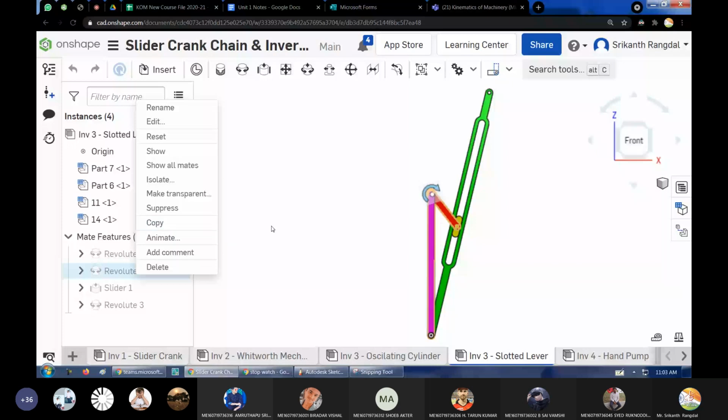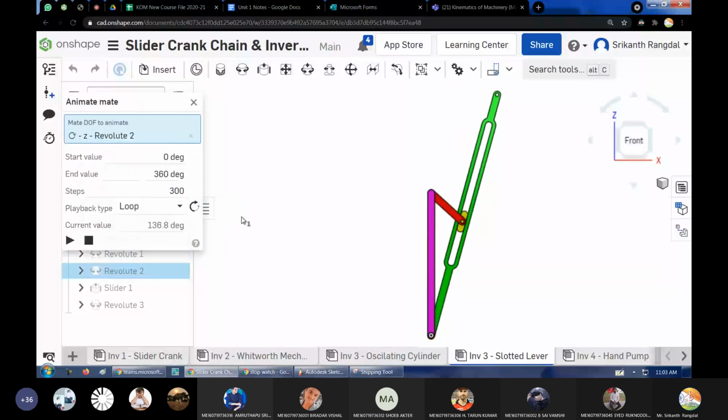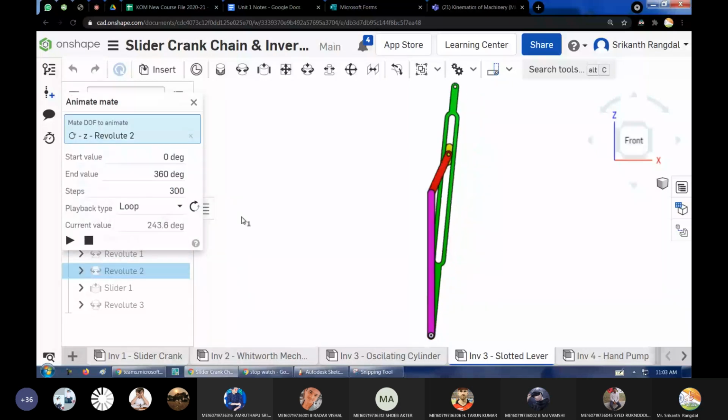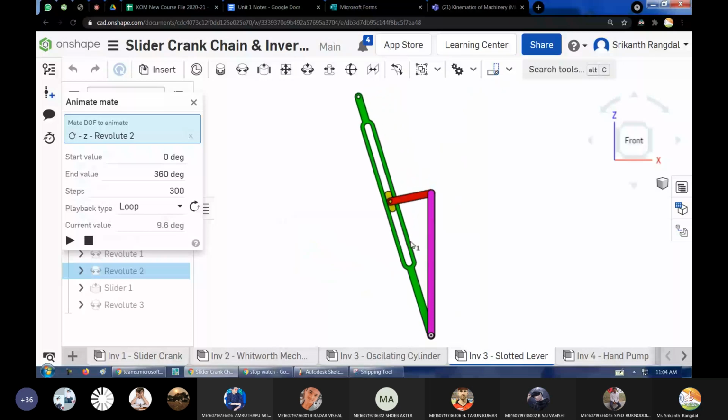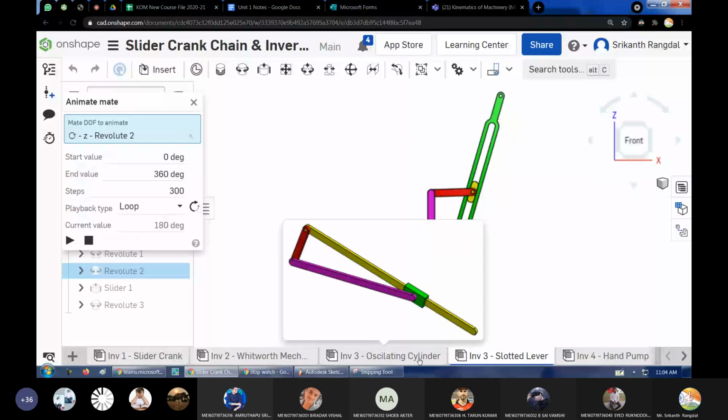Okay, so let's see how this is moving. In the previous case, we had this cylinder, that was the slider. Instead of just a block, we have changed its shape into a slotted lever. So this green link is the same as the green slider in the previous case.